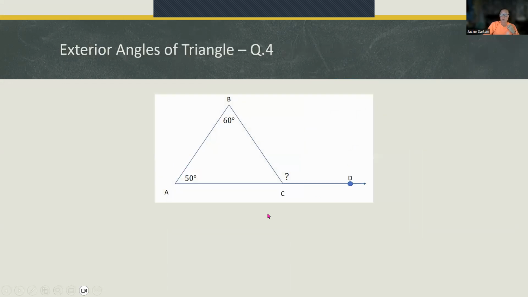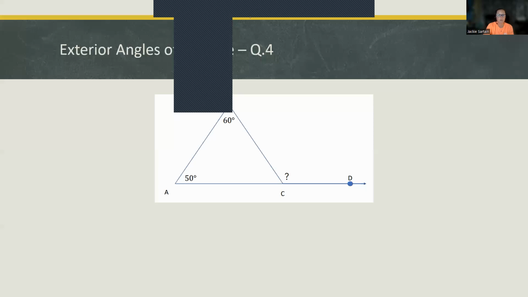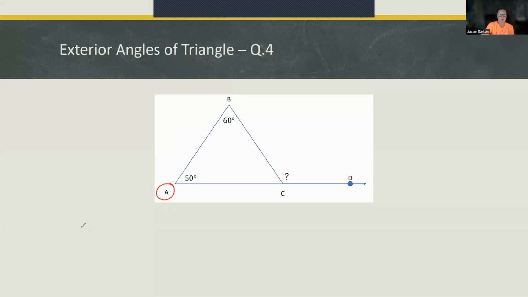Now, in question 4, we're using our exterior angles of a triangle theorem and equation format that we learned. Remember that the formula we use for that is we state that angle A plus the measurement of angle B equals the measurement of angle C, or that exterior angle.